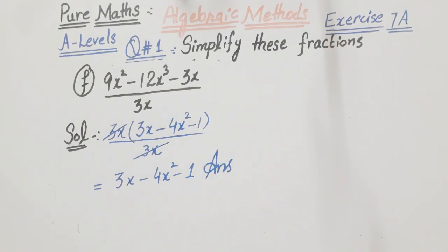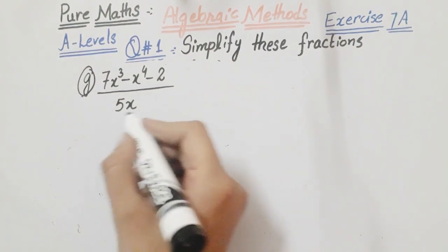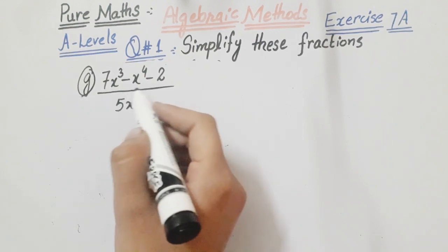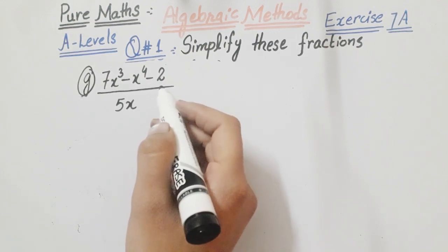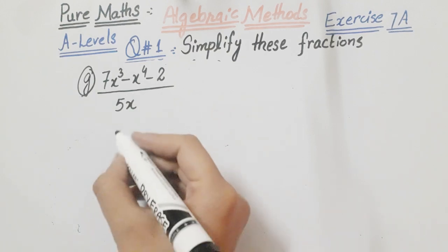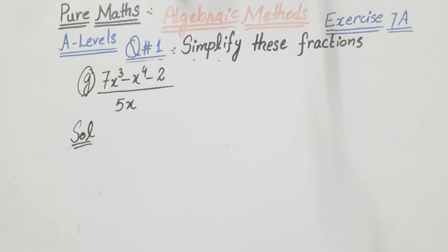Now in part G we have 7x^3 - x^4 - 2 by 5x. In this question we cannot take a common factor, so we will solve this by dividing each by 5x and get the simplest form.